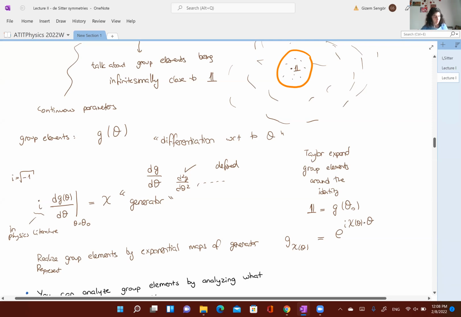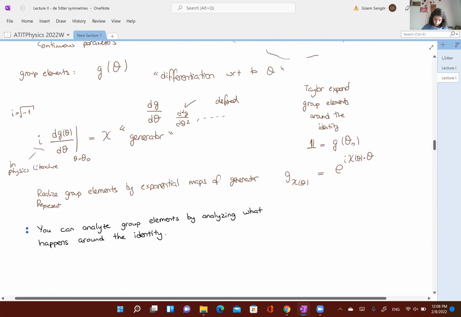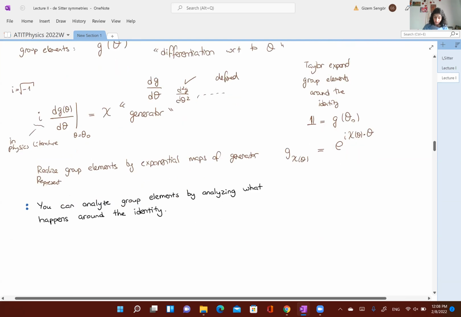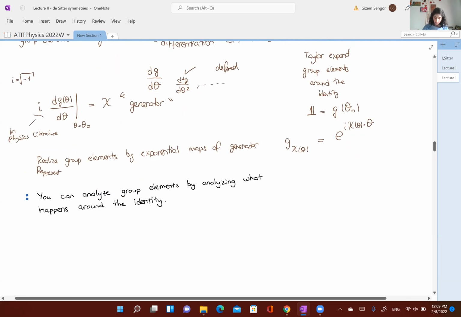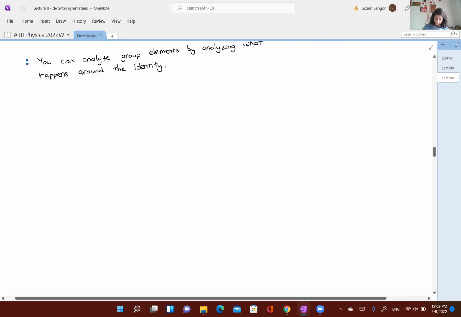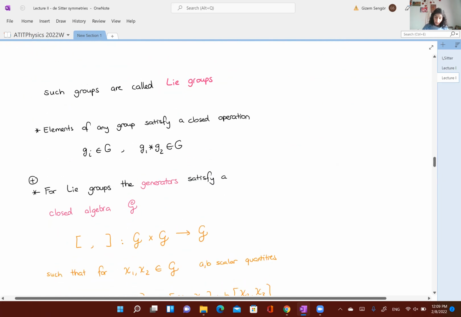Okay. Now, what all this means is you can analyze the whole group by analyzing what happens around the identity. Now, such groups are called Lie groups, so groups with continuous parameters. Continuous groups.